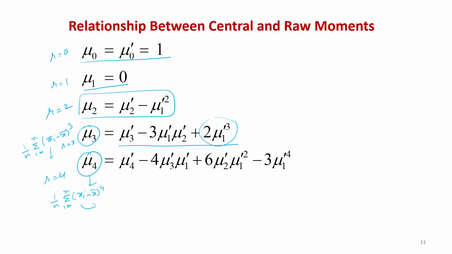If you expand it and substitute the values, you get mu 4 is equal to mu 4 prime minus 4 mu 3 prime into mu 1 prime plus 6 times mu 2 prime into mu 1 prime square minus 3 times mu 1 prime raised to the power 4. So, this is the relationship between the central and raw moments. If you know the values of raw moments, then you can compute the central moments.